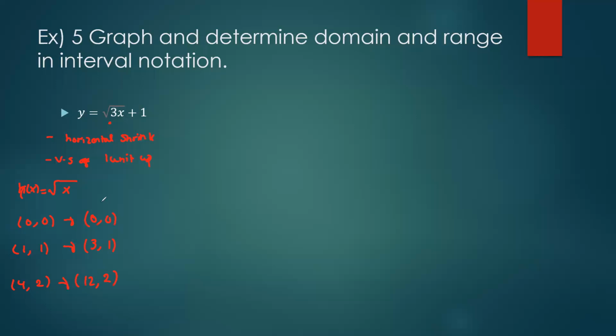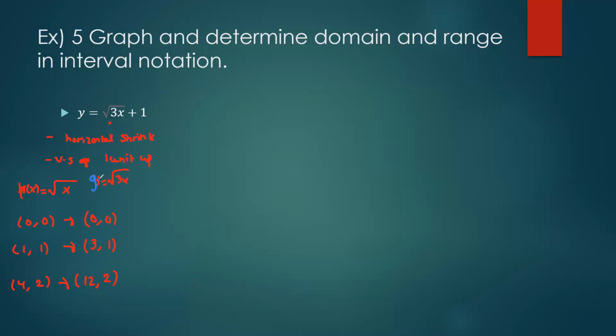So all I did was I multiplied the x value by 3 because it is a horizontal shrink. Okay, and then, well, so wait, this graph is y equals square root of 3x. Or I guess you could call it g of x.